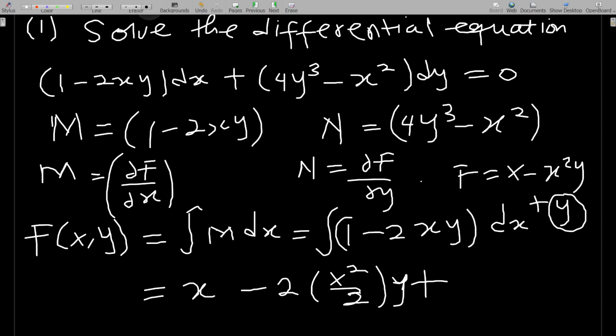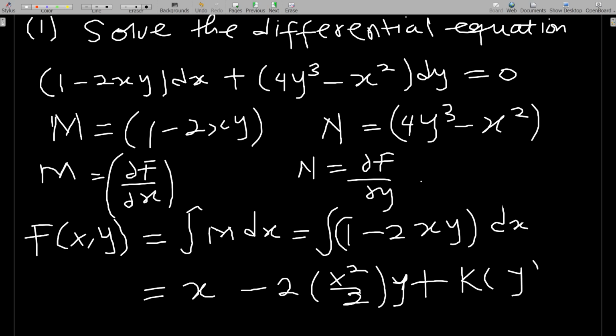So after integrating a function that depends on two variables, the constant is always a function of the other variable. So this constant should be k of y. And indeed, if I differentiate this, I'll get back my M. I hope you get this.